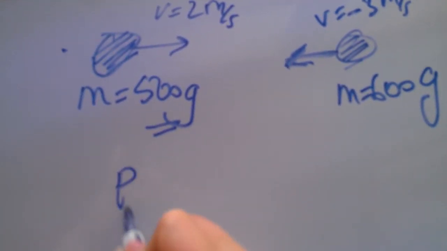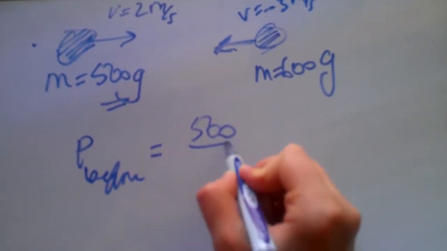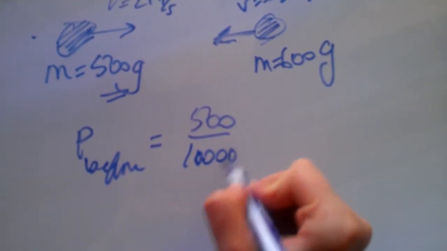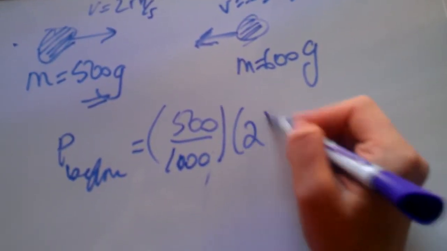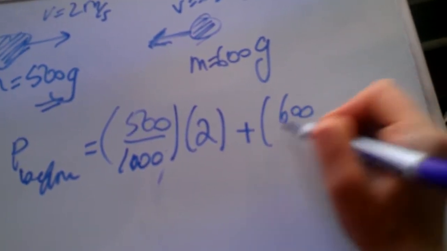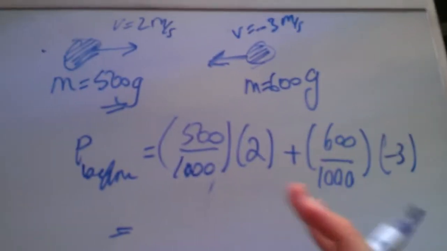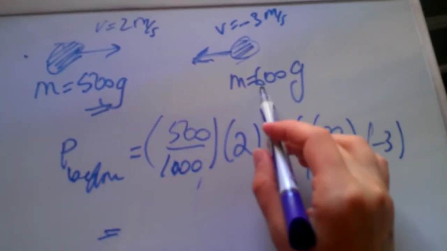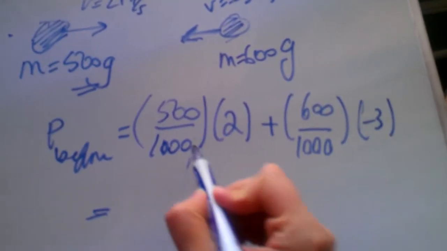So before this head-on collision, the momentum of all the ingredients in the system of two billiard balls is M times V plus M times minus 3, and that gives you the total momentum of all the ingredients in your system before they hit each other.